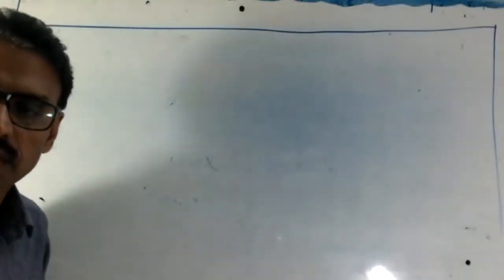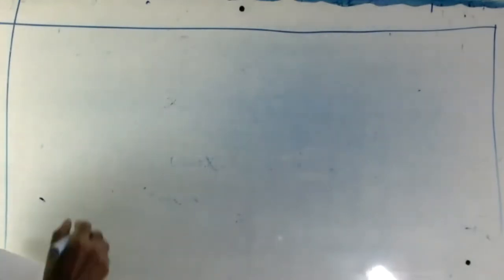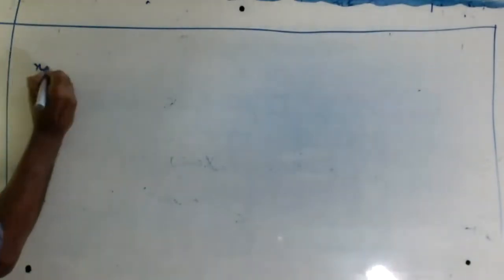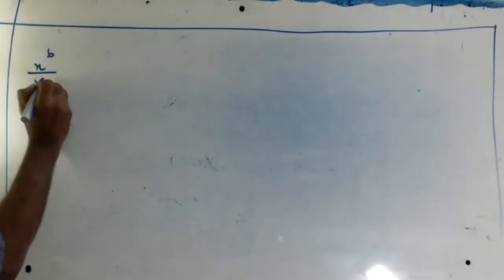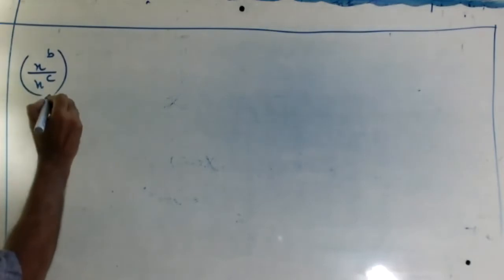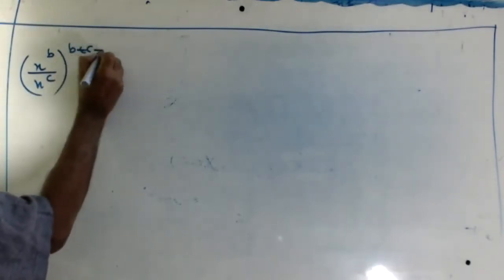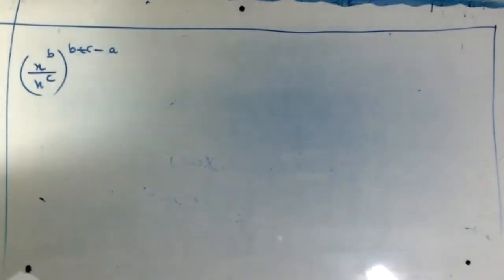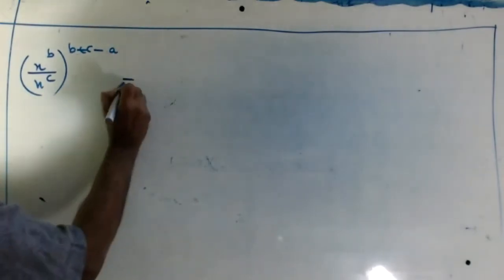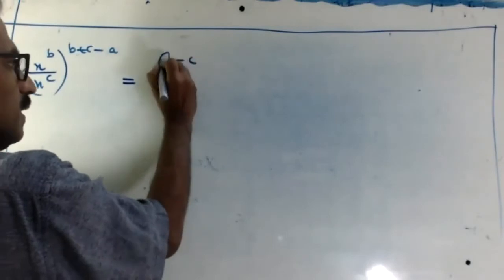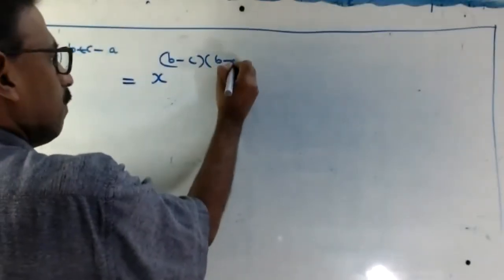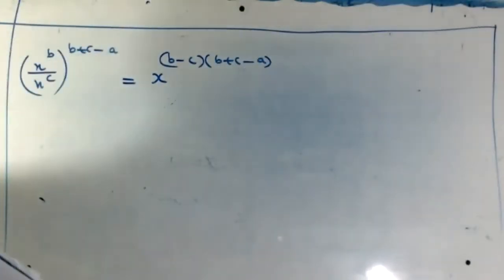Question is x raised to b divided by x raised to c, all raised to b plus c minus a. I simplify this part only. So x raised to b minus c into b plus c minus a.